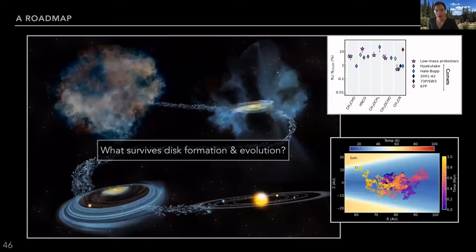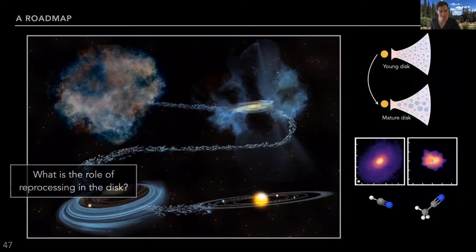We then saw that there's plenty of evidence within our own solar system that some of this material that formed very early in the star formation sequence seems to have been preserved through the formation of icy bodies, and that there is indeed a plausible way to explain this inheritance of organic material from the early stages.